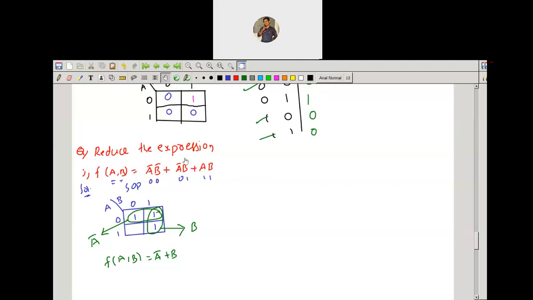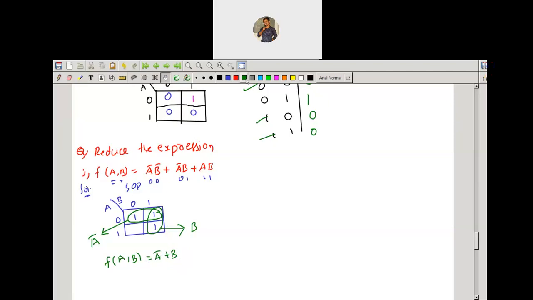Coming to the simplified expression, one OR gate is enough. So obviously it is simplified, because you are getting fewer logic gates.